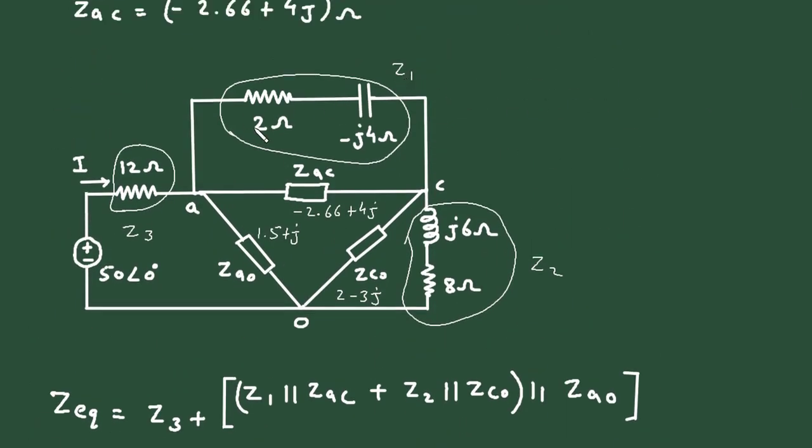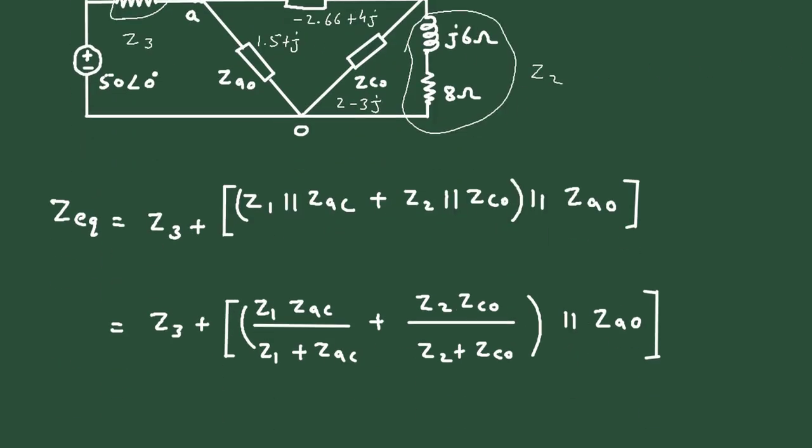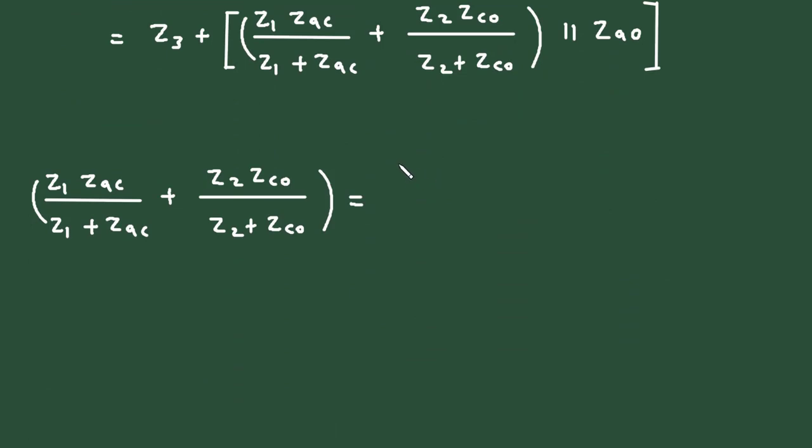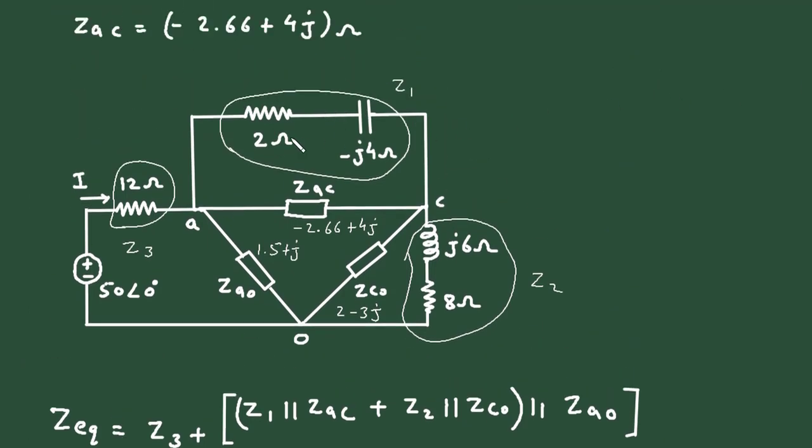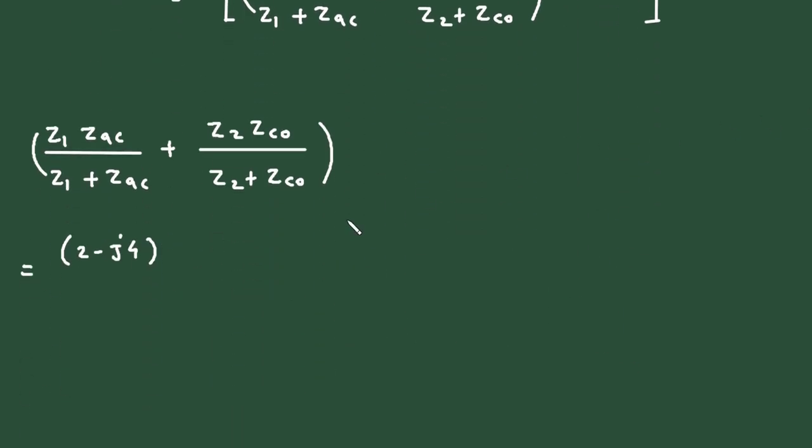Z1 value is 2 minus J4, multiplied with minus 2.66 plus J4.